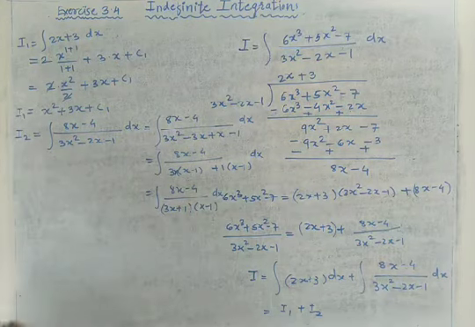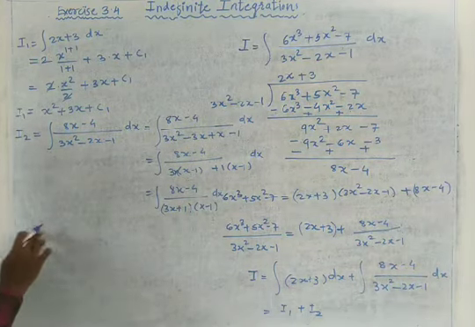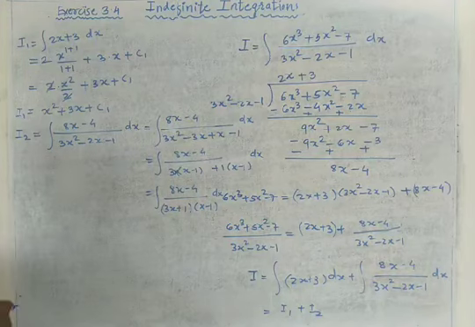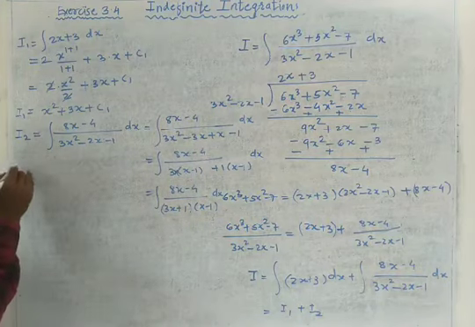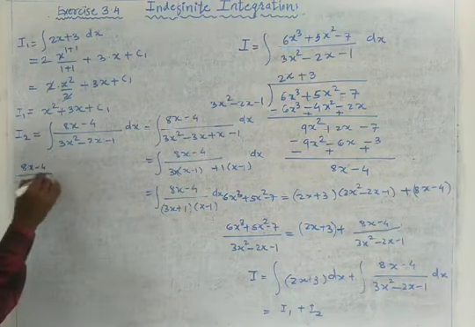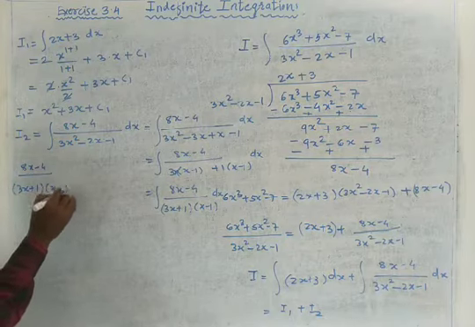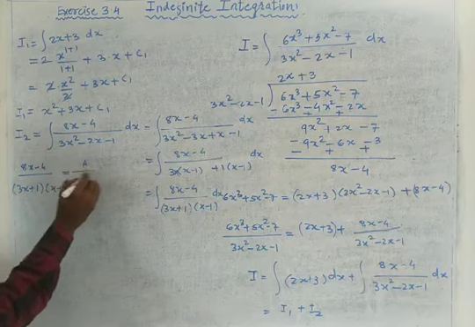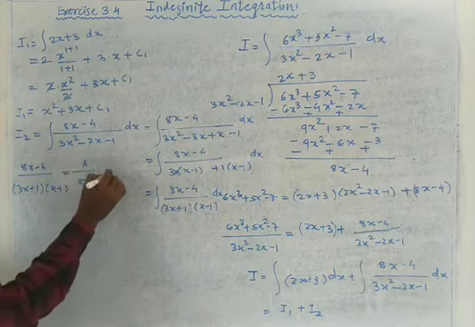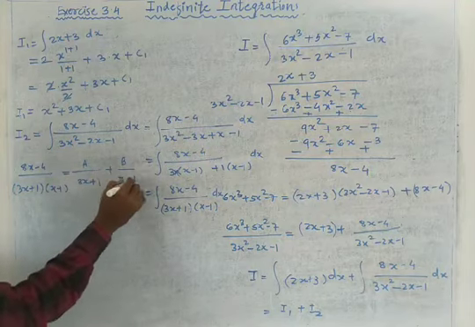We got the factors of the quadratic, and now we use the partial fraction method: 8x minus 4 upon 3x plus 1 into x minus 1 can be written as A upon 3x plus 1 plus B upon x minus 1.